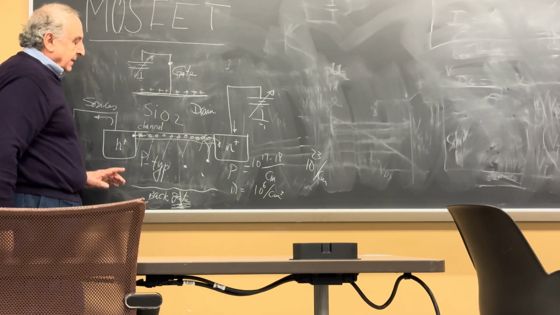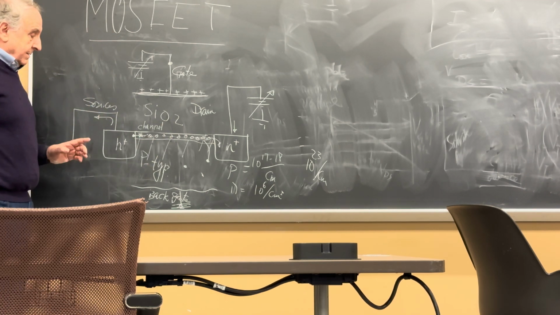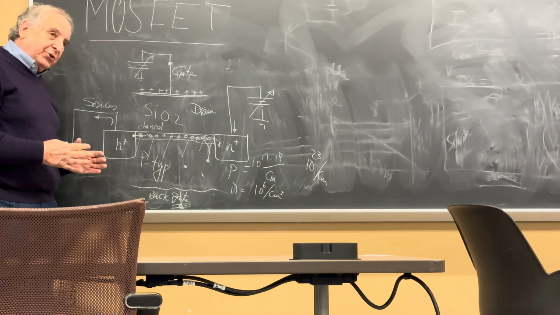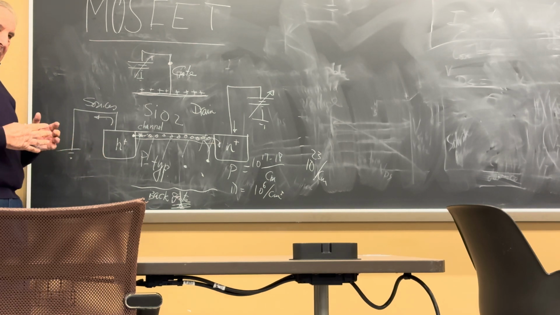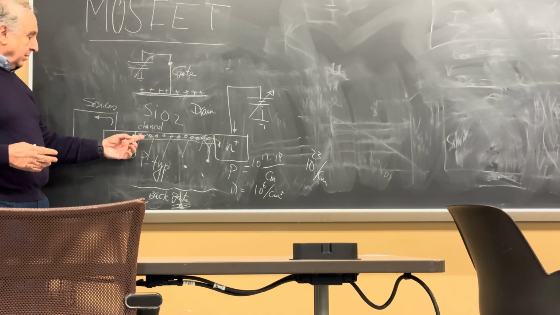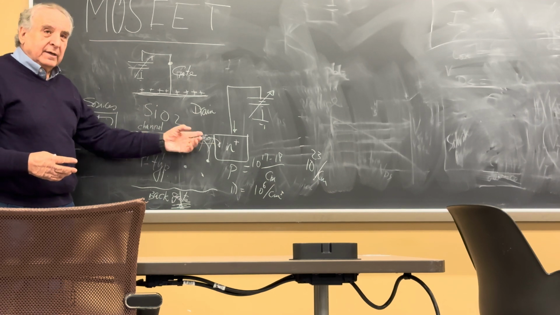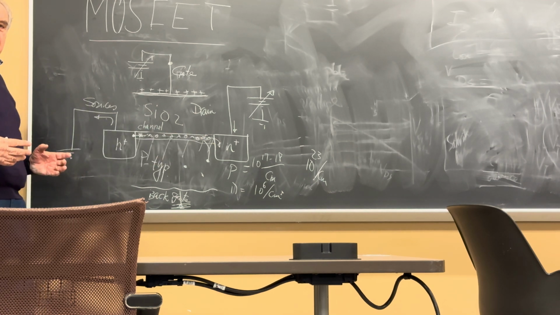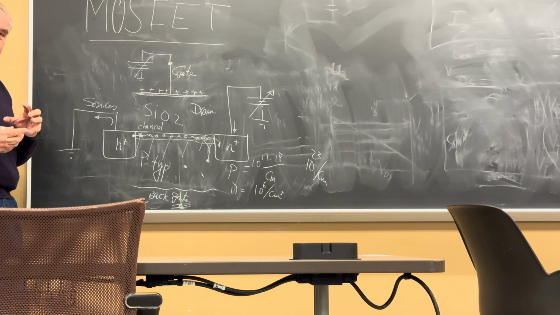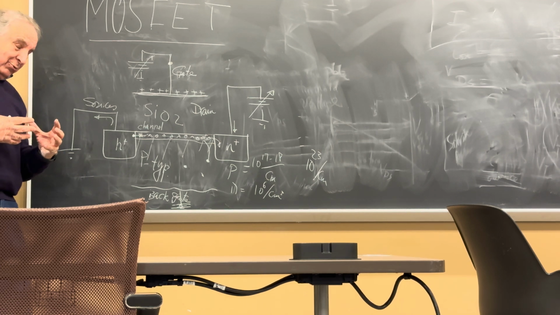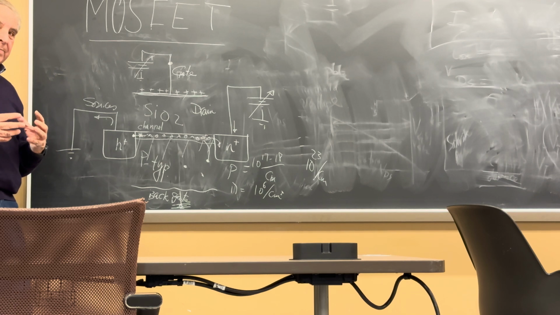Now, the channel is defined at a certain voltage. You apply voltages, right away there will be electrons here, but a minimal amount until you reach a certain voltage, which is called the threshold voltage.